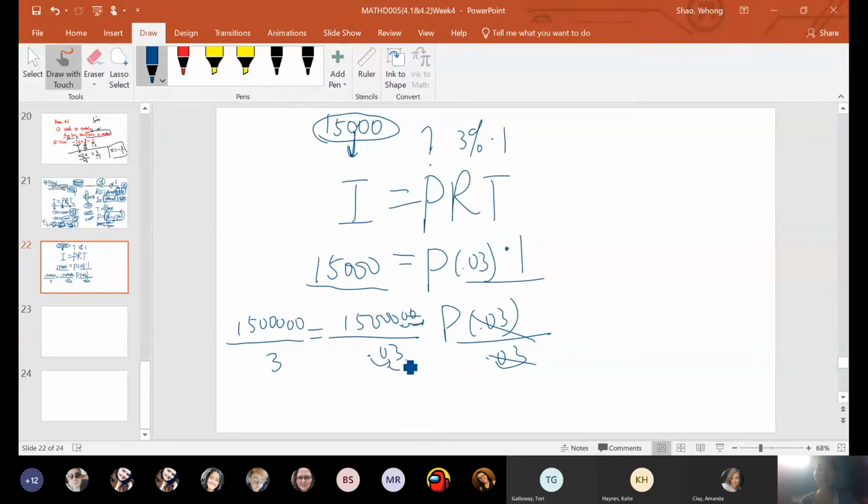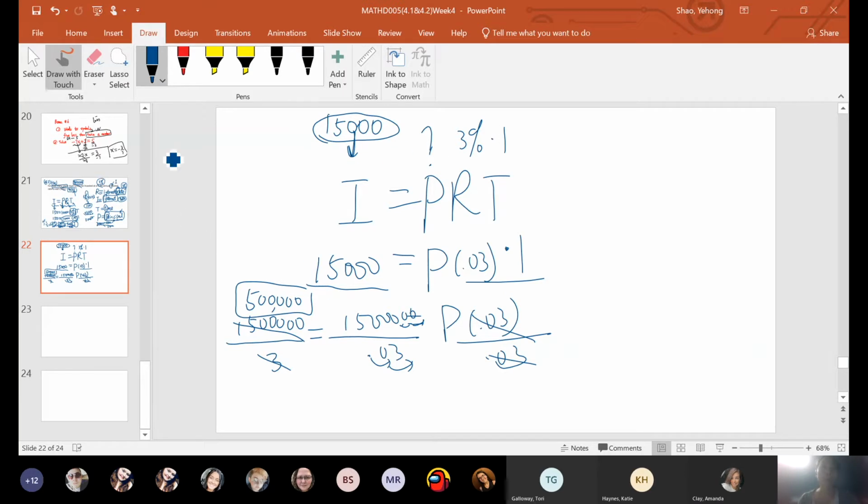After you move the decimal point, the bottom doesn't have a decimal point anymore, so you can divide to give you 500,000. That's $500,000, and that's a lot of money. It's hard for us to save that much, and it just gives you $15,000 interest.